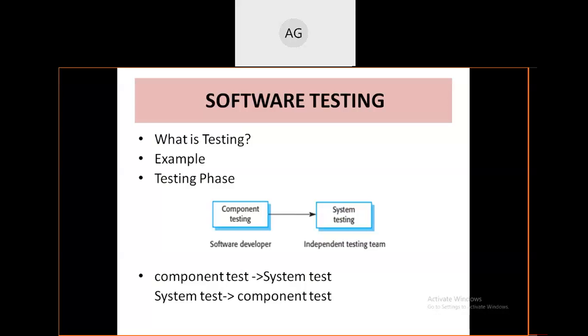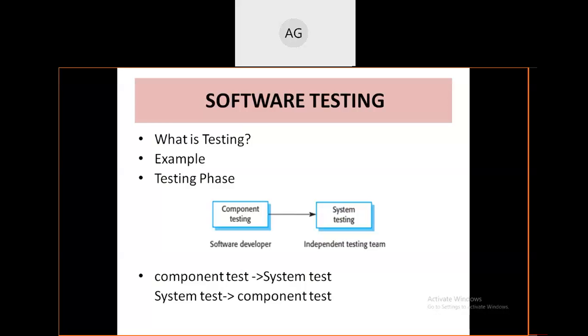The first team develops all the code, and that code is sent to the testing team. The testing team verifies all the systems. Before sending to the client, if there is an error in that code, you should find the errors beforehand.